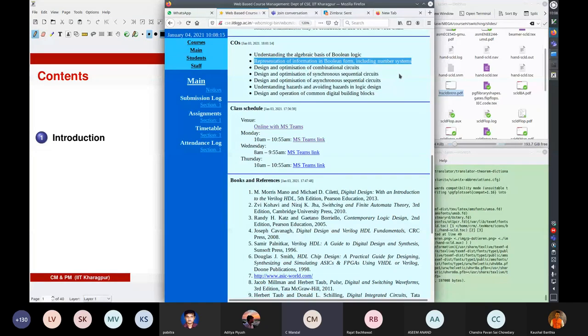So, is it possible to identify such a situation? Is it possible to correct such problems? These are some very practical problems that are faced in digital design or design of systems. So we'll be looking at those aspects as well.